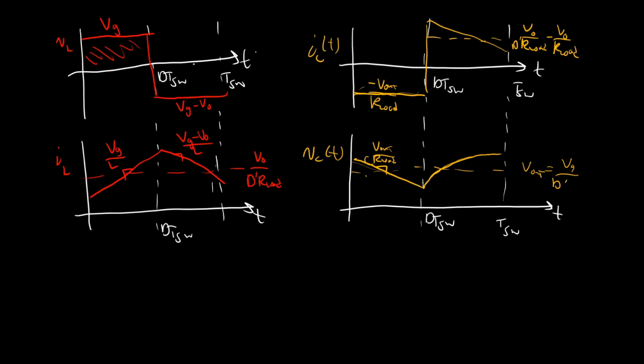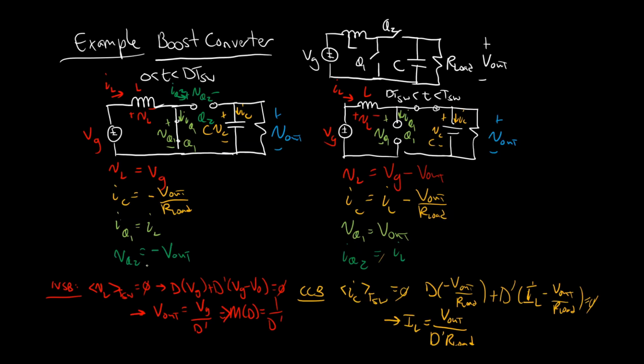We're interested in the maximum blocking voltage typically, right? So VQ1, the voltage that this switch must block is equal to, when it's off, V out. And this is a positive voltage.